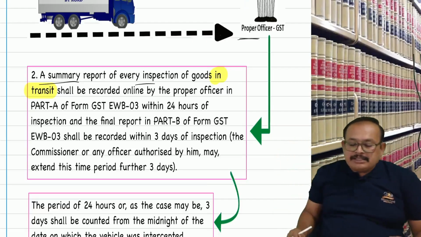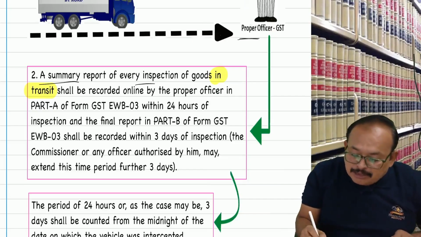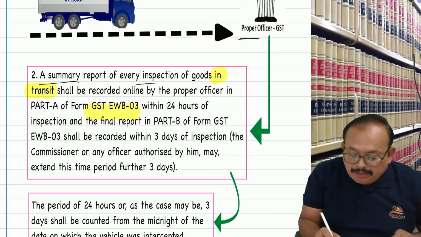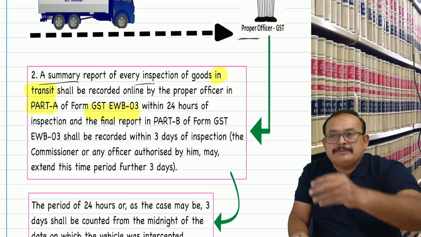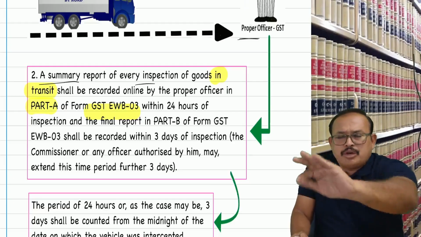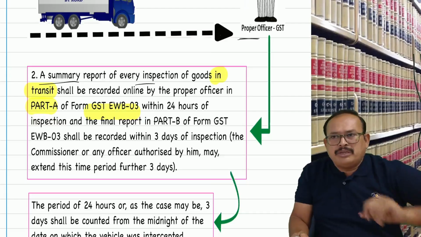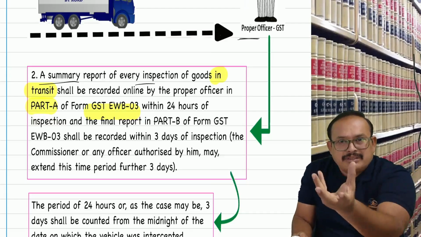If there is none, the department officer will report that online through EWB 03. In EWB 03 Part A, the summary report says: I detained so-and-so vehicle at National Highway number 24, and prima facie we were not able to find the relevant documentary evidence, especially EWB 01 information.